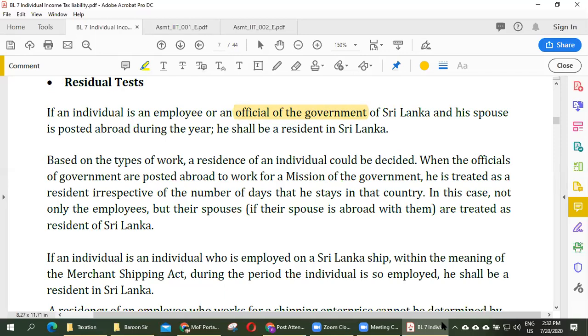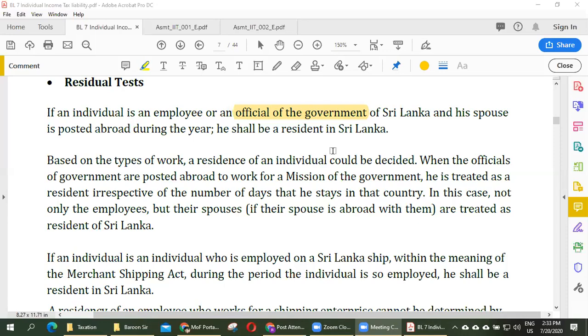So for example, Mr. Chamari is an ambassador for South Korea. He's an official person. He has passed the Sri Lankan overseas examination. The government chose him as a diplomatic person of Sri Lanka.